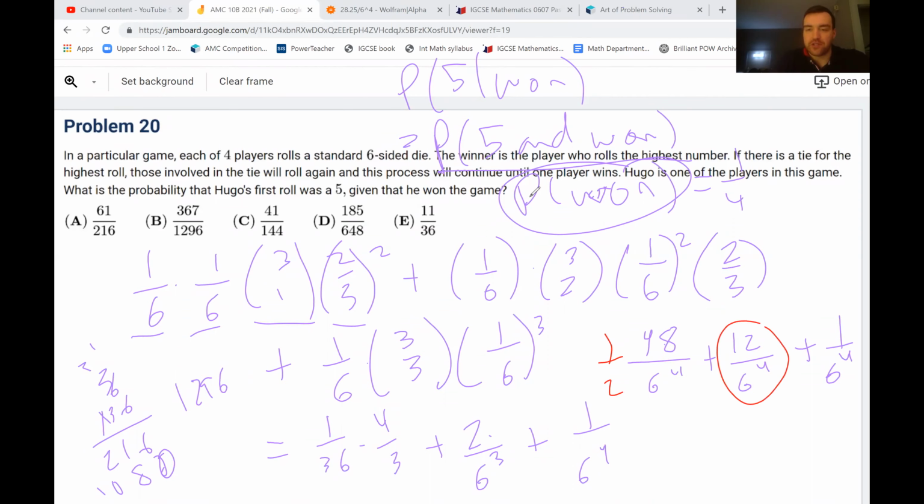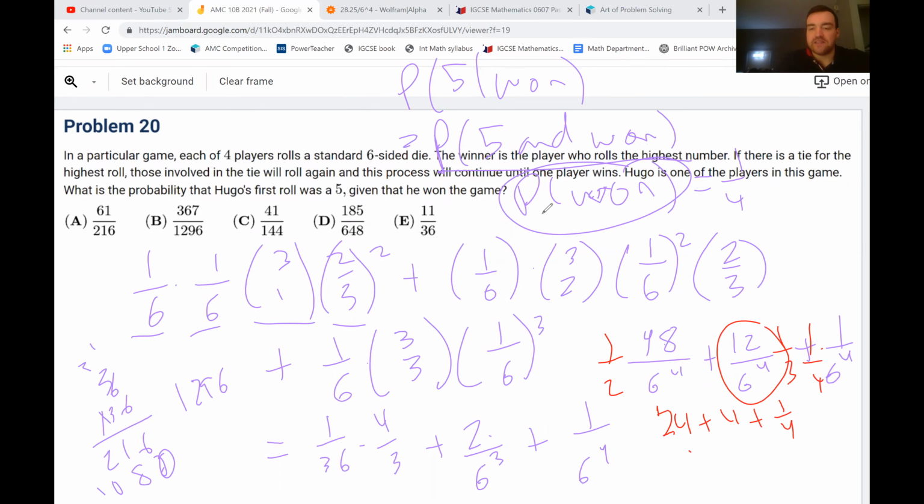Now in this situation where he ties with 2 other people, he'll win a third of the time because it's 3 people who rolled the same thing. And then in this case, he would win 1/4 of the time. So I actually should get 24 plus 4 plus 1/4. But then remember, we are multiplying this again by 4 because, right, it's 1/4 of the time he wins.